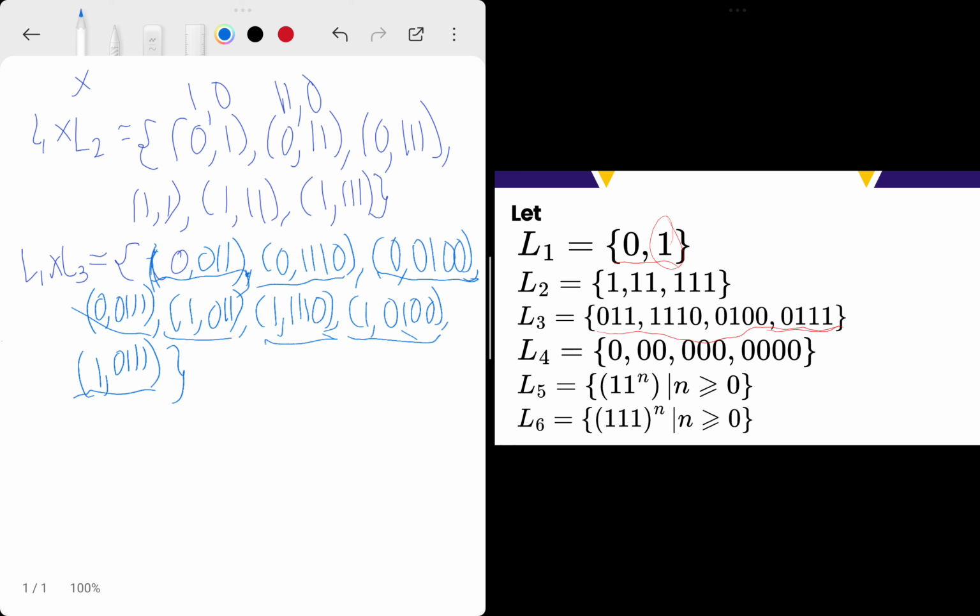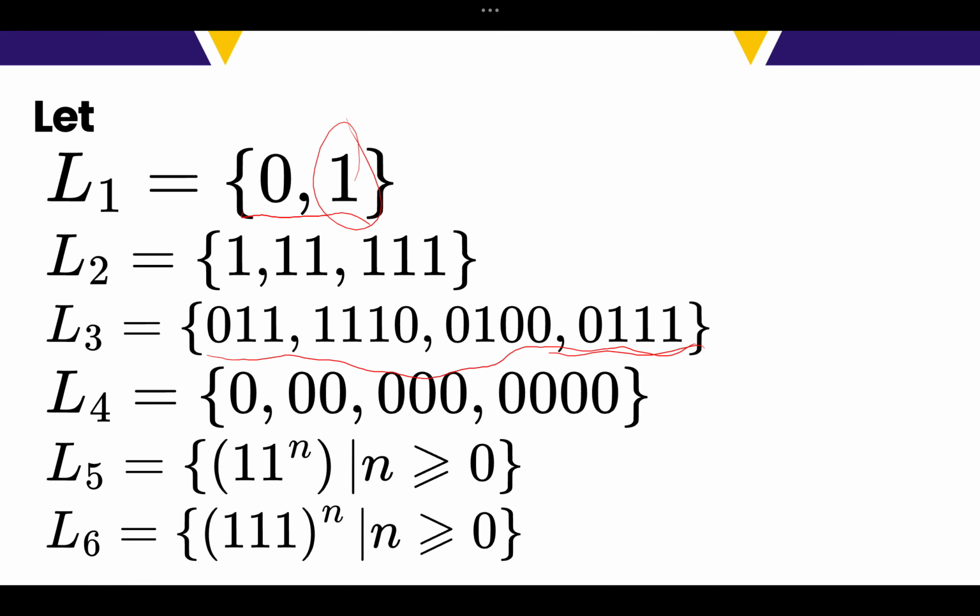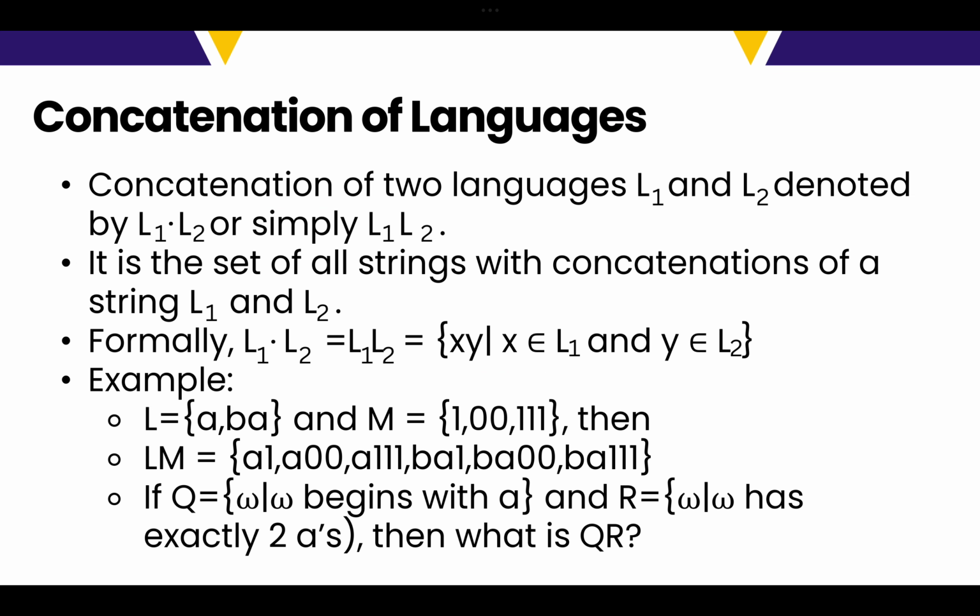Now, there are also other operations on languages aside from those that we have already discussed, like the operations of sets. So, let's have another operation. It's the concatenation of languages. So, this is just like our concatenation of strings.